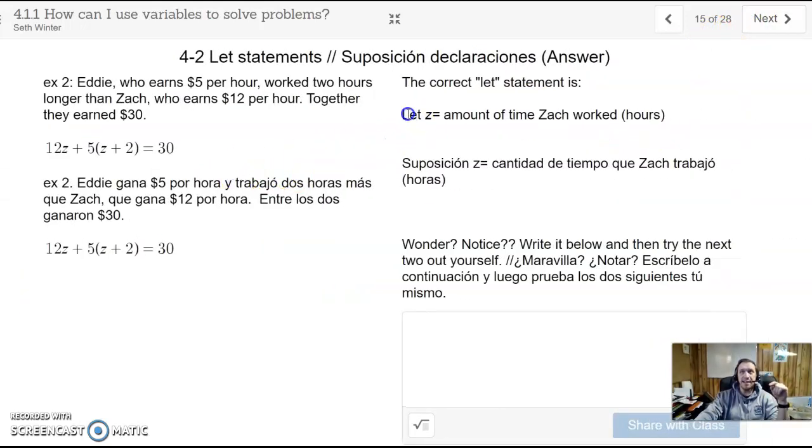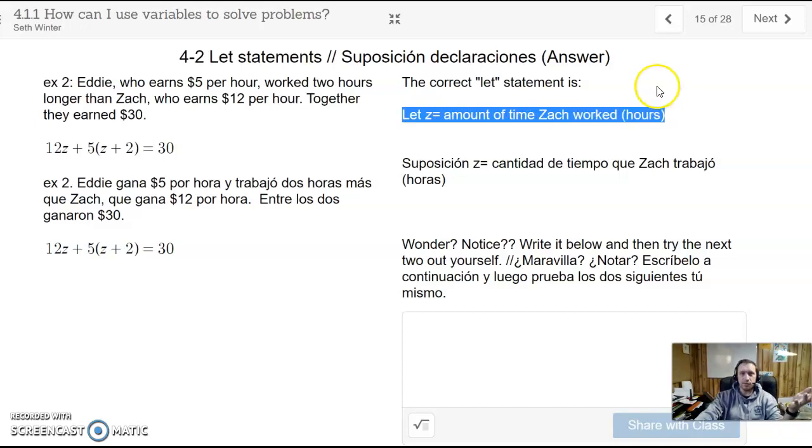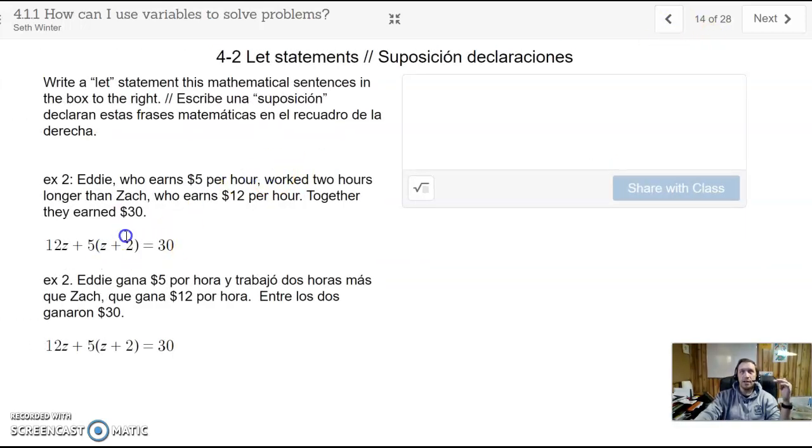It says the let statement, Z is the amount of time Zach worked in hours. And so we know that if we look at this equation, Zach worked a certain number of hours times $12. Eddie worked 2 hours longer. So you can see we have a single variable, Zach's hours of work, and then we know Eddie works 2 more hours than that.